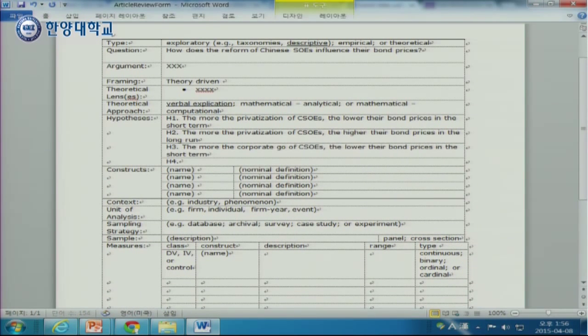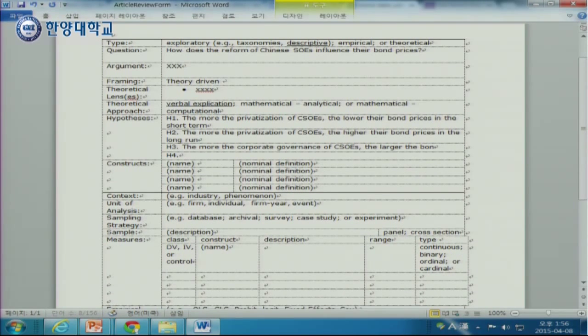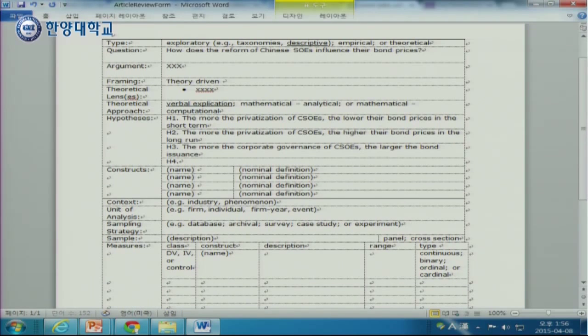Corporate governance. Well, that is too general, but anyway, you have to narrow down, but let me do this one. Corporate governance, the larger their bond issuance. So if they have good corporate governance, maybe they issue more. Instead of issuing stock, I don't know, they use more of the bond market. Who knows?